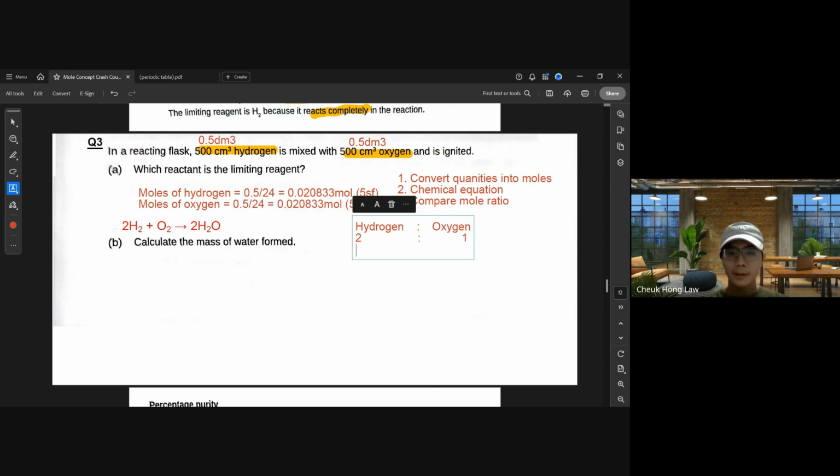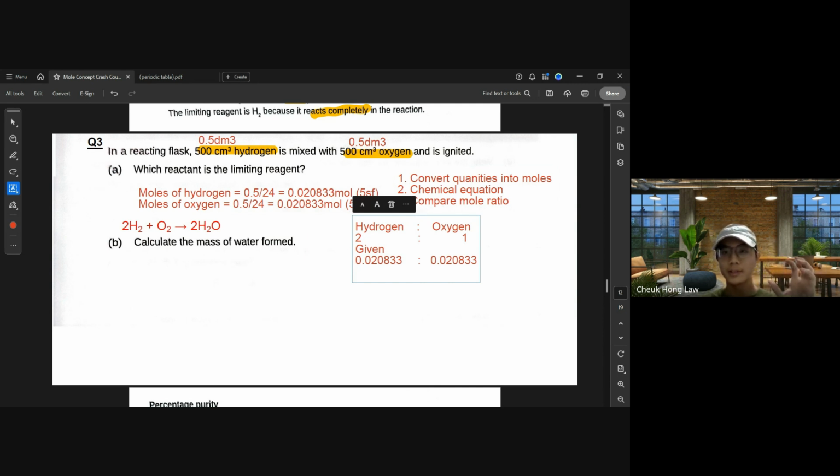And then what is given? What is given is 0.020833 to 0.020833. So which is the limiting reagent in this case? Let's say I use up this hydrogen, 0.020833. Then for oxygen, I'll only be using half of it, because the mole ratio is 2 to 1.